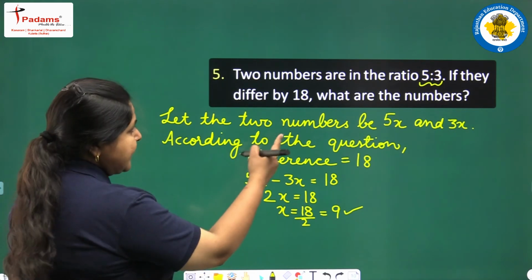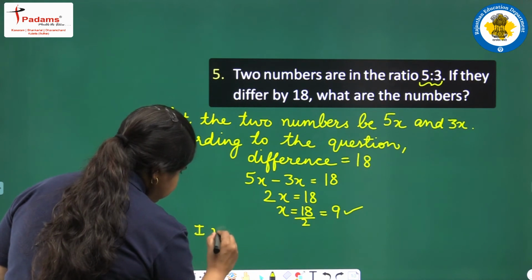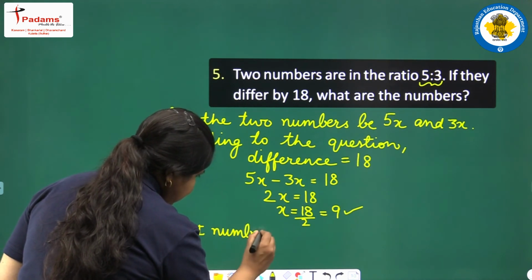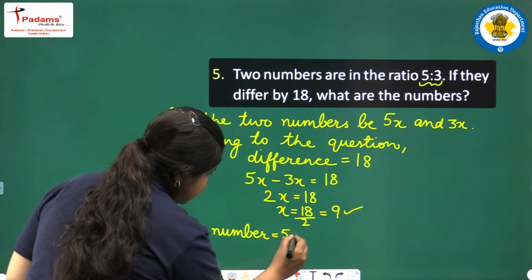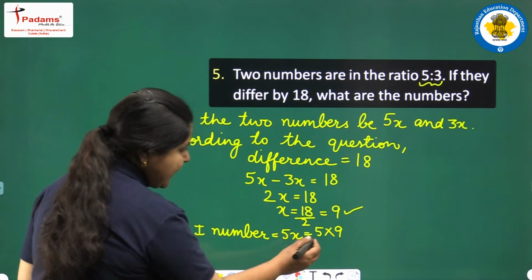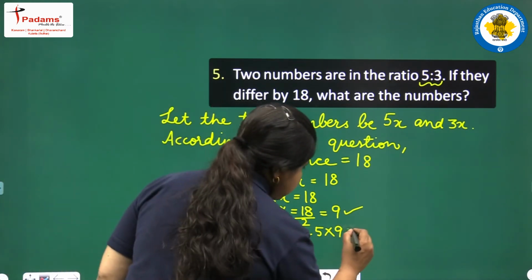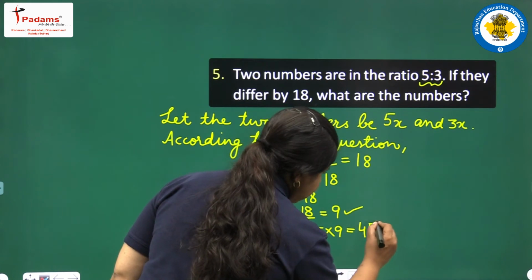Now we can easily write the two numbers. The first number, it is 5x. So it will be 5 into 9. See, the value of x is 9. So we will multiply 5 by 9. 5 9s are 45.